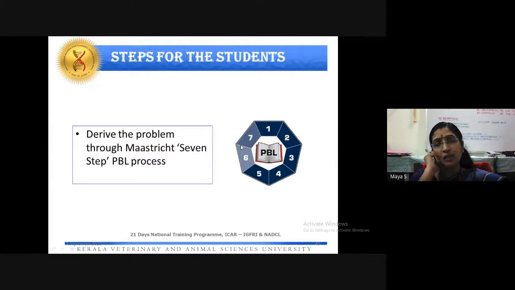Now, what are the steps which have to be followed by the students during problem-based learning? Okay, so to have a uniformity of the process, we can implement the 7 steps Maastricht PBL process for the students. Okay, we will narrate the 7 steps which the students have to undergo while going through the PBL process.